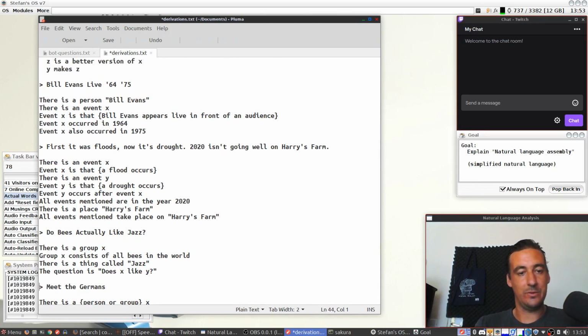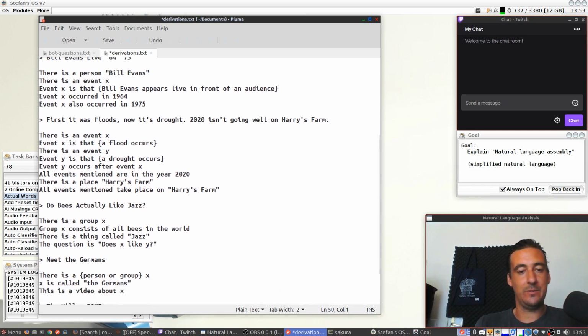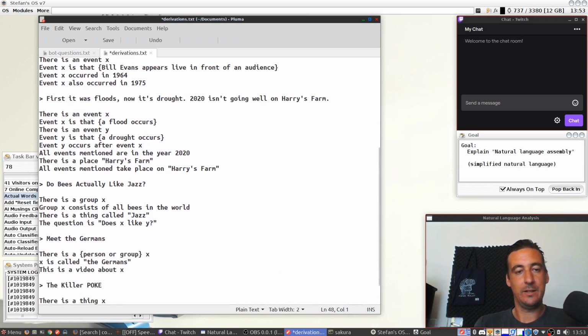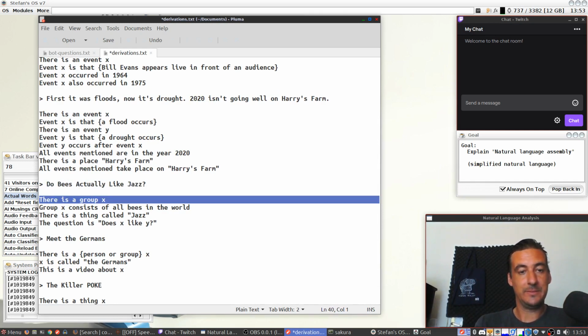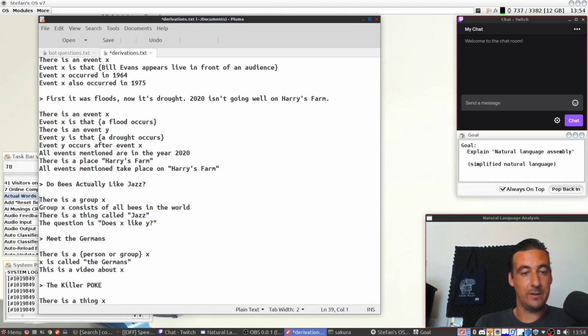Let's use another example. Do bees actually like jazz? And there are a gazillion YouTube videos explaining and answering questions that apparently existed in the world. So this is my attempt of translating this to the lower language. This is just saying we have some kind of group, and the group is all the bees in the world.